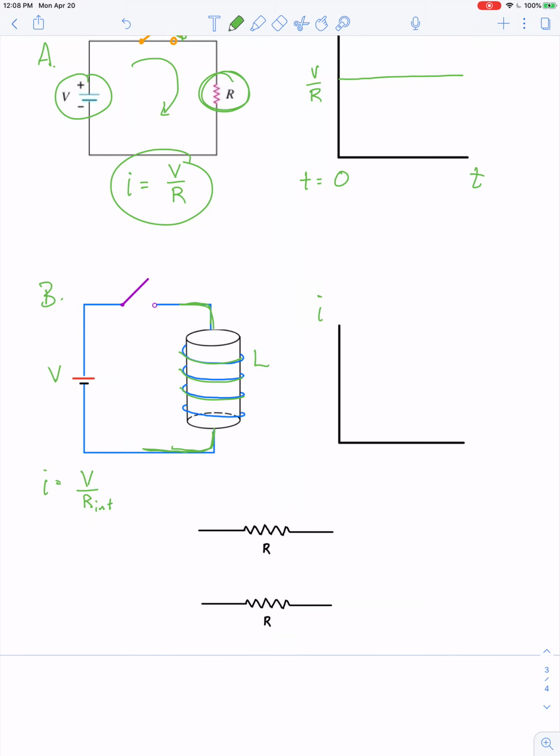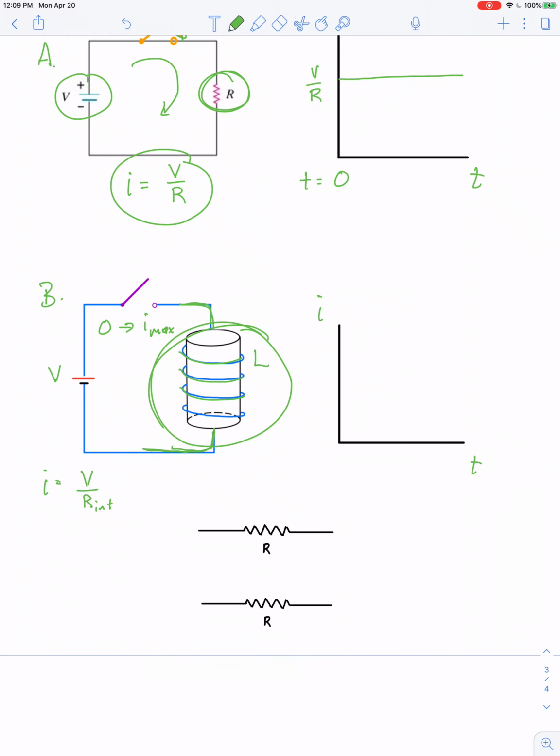So what does the graph of current versus time look like? Well, it turns out it's not a horizontal line. Because of the inductance, the current can't suddenly go from 0 up to some maximum value in an instant, in the same way that a car that's parked at a stoplight can't go from 0 to 60 miles per hour in an instant; it has to overcome its inertia to get up to speed.